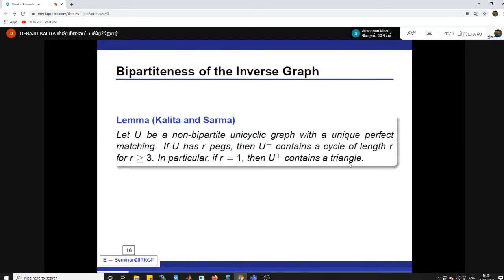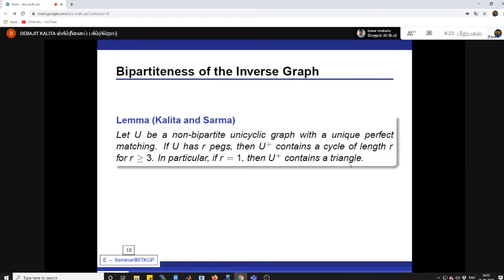Before answering that question, we have this lemma, and this lemma will answer that question. This lemma says that whenever U has R pegs, then the inverse graph always contains a cycle of length R when R is greater than or equal to 3.